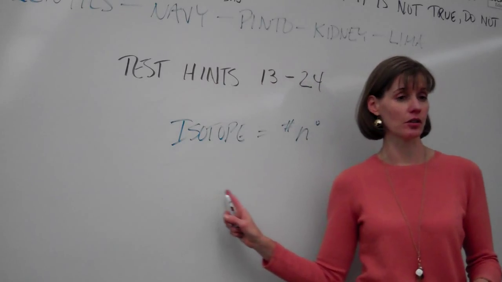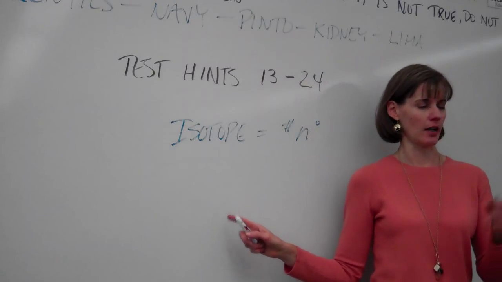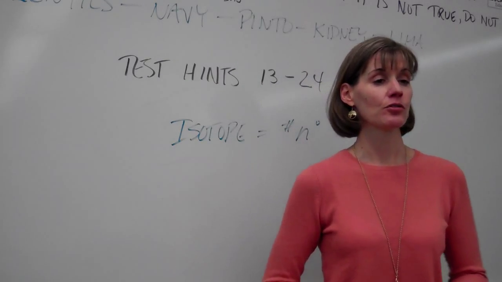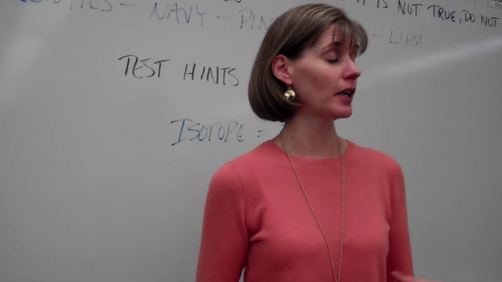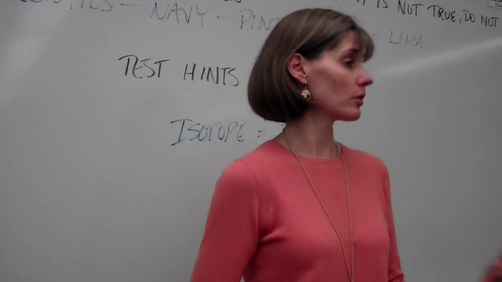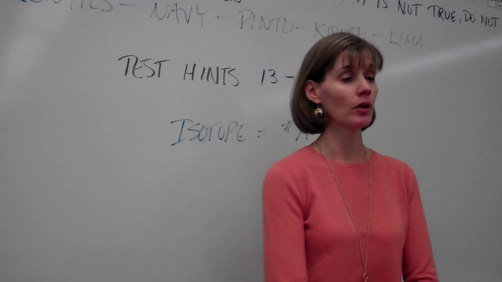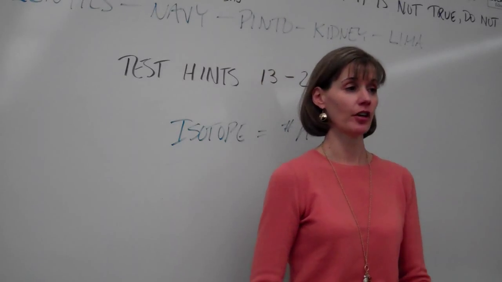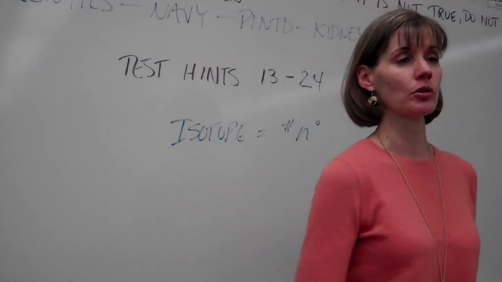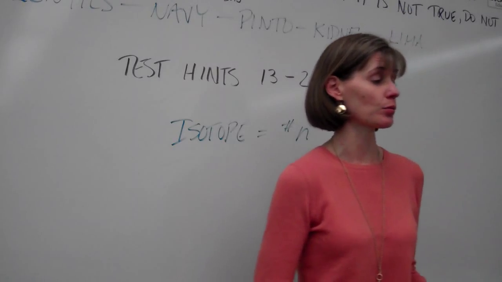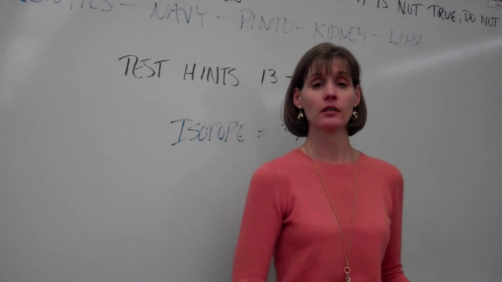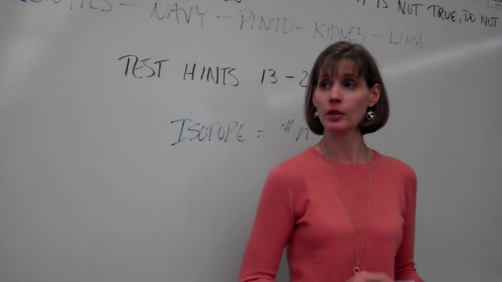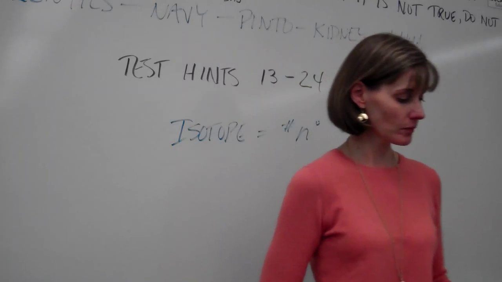Is it still an isotope? Yes, just a different kind. So isotopes can vary with the number of neutrons that they have. They're still isotopes. It's a general name for atoms that have varying numbers of neutrons. And of course, those neutrons affect the mass, which you're going to see when you look at test hints 1 through 12 that we went over in the other class.